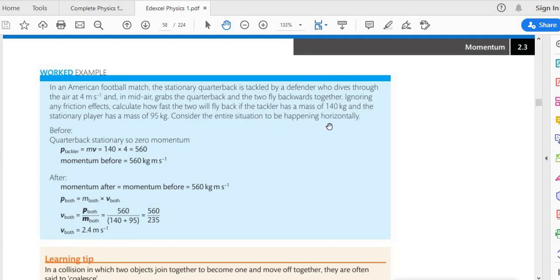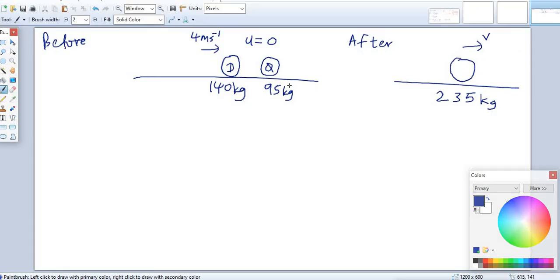Consider the entire situation to be happening horizontally. How fast the two will fly back, so that's why you're supposed to find V. Now you see it becomes a lot easier once you draw the diagram. Both are moving together, so that's why I drew it as one particle.